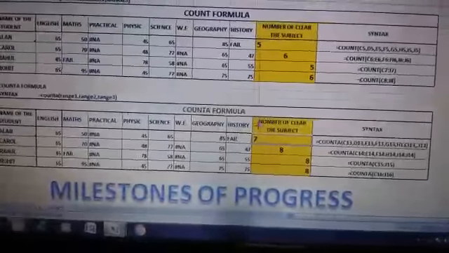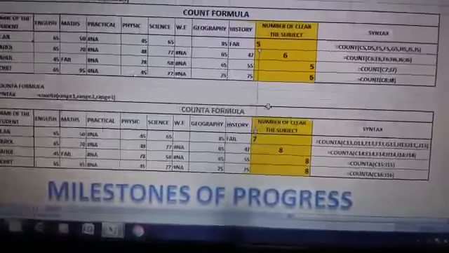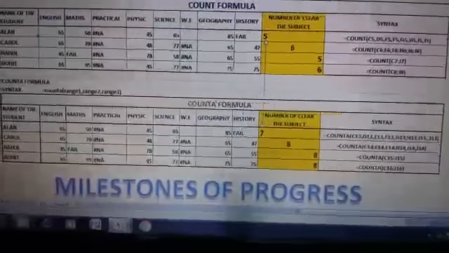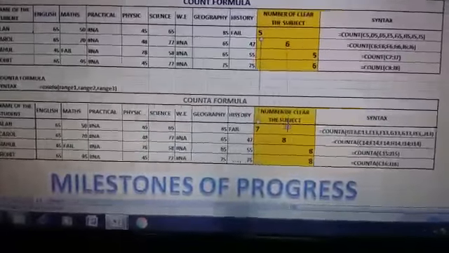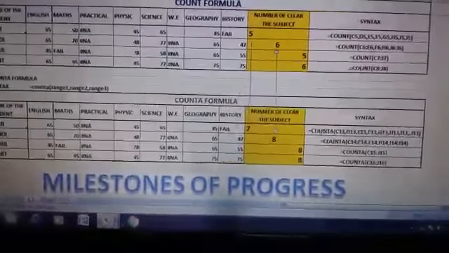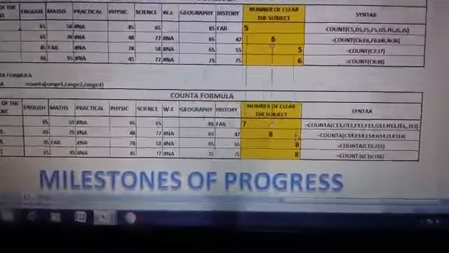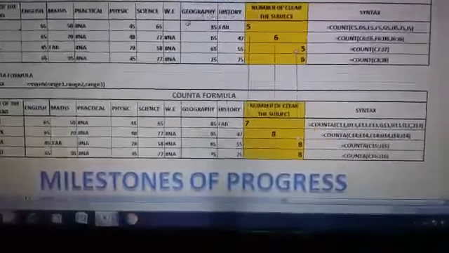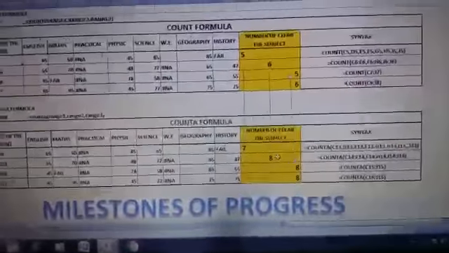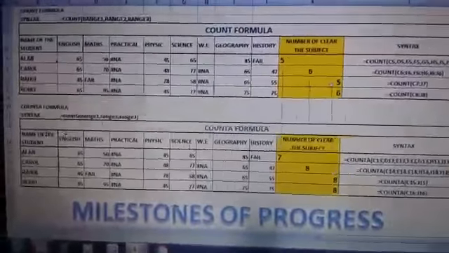Here 5 to 7, and 6 to 8, and here is 5 to 8. The formula and the fields are the same, but their values are different because of their criteria.